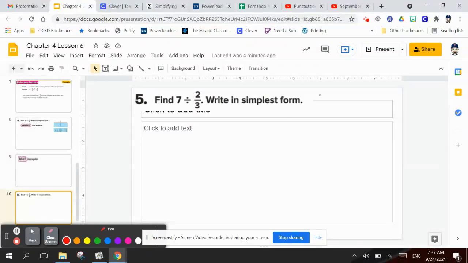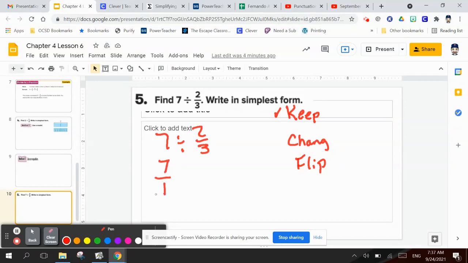So let's show that again. We're going to use that keep, change, flip. So I have 7 divided by 2/3. I'm going to keep the first fraction the same. I'm going to change it to a fraction now, which is 7 over 1.